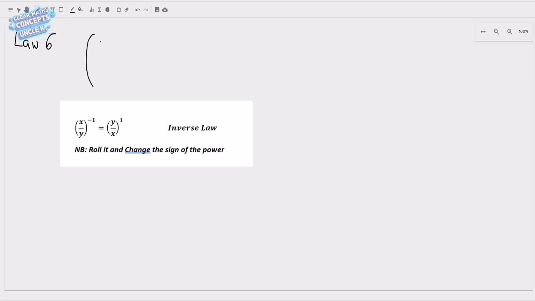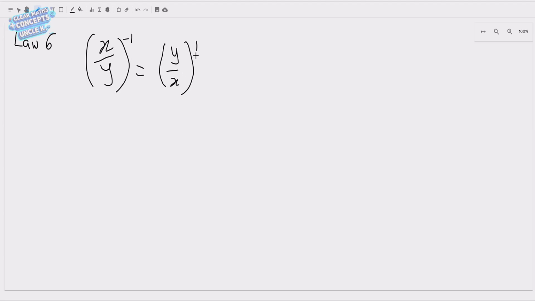Law 6: x over y raised to the power minus 1 is y over x raised to the power 1. Now a quick way to remember this is, you roll it and change the sign.